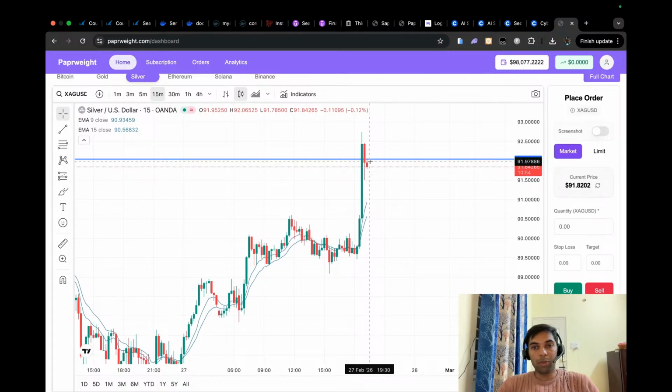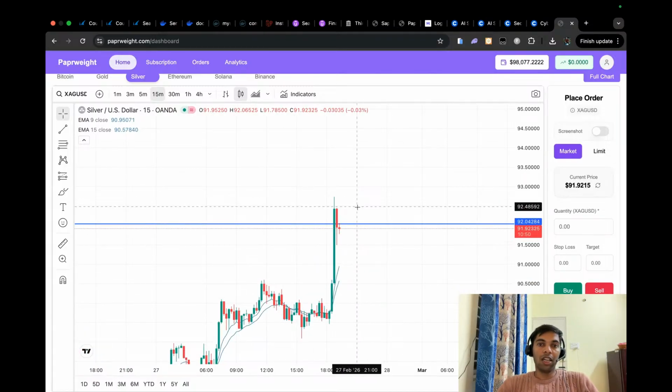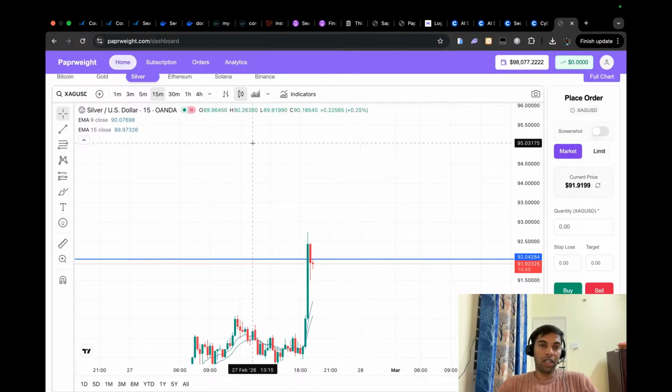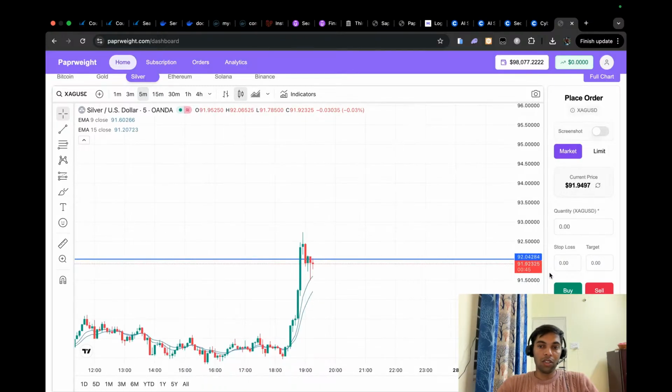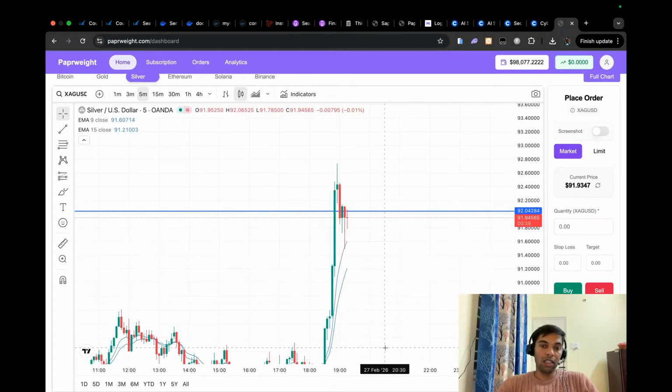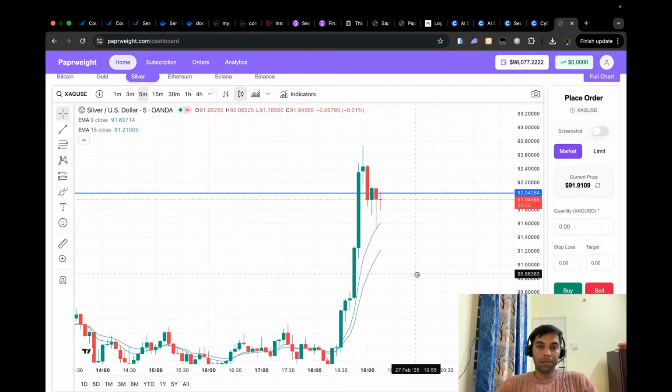So it has the potential to surpass this selling zone and make another movement in the up direction. If it breaks its high, then the chances of going in the up direction are much higher than falling, right?